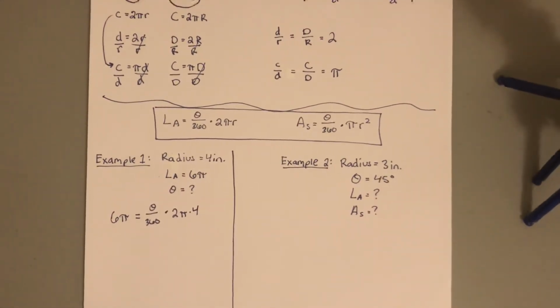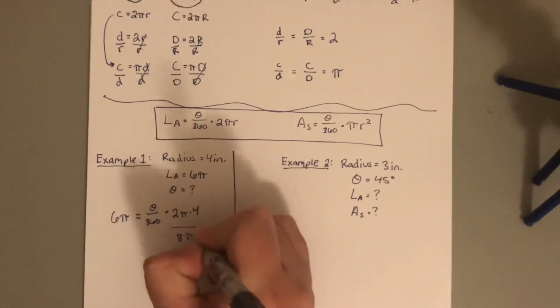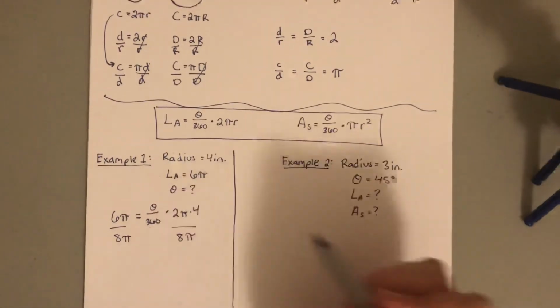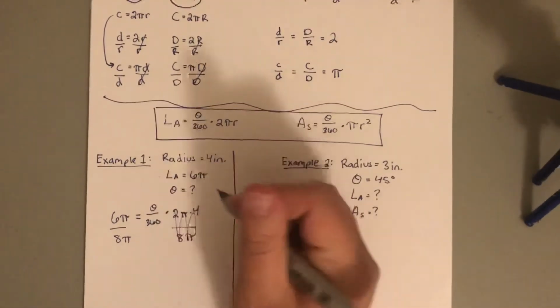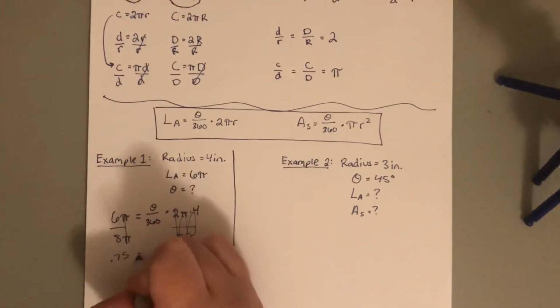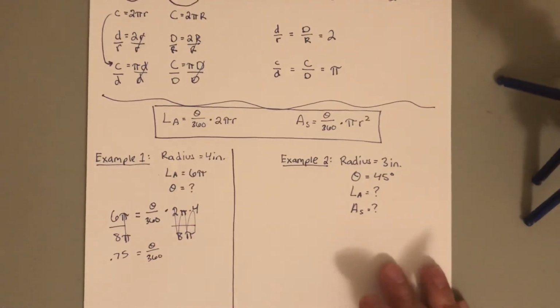So now I'm just going to solve for the central angle. I'm going to divide both sides by 8 pi. That gets rid of all this over here because 2 times 4 is just 8, so all that cancels out. The pi's cancel out, and I just have 0.75 equals that fraction.